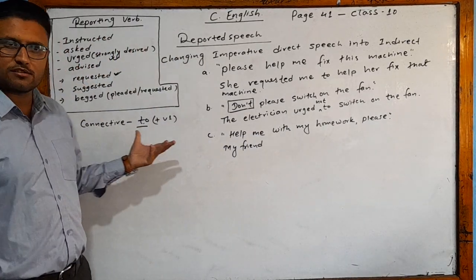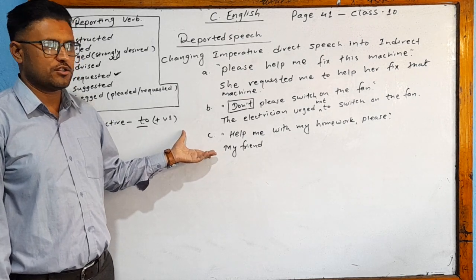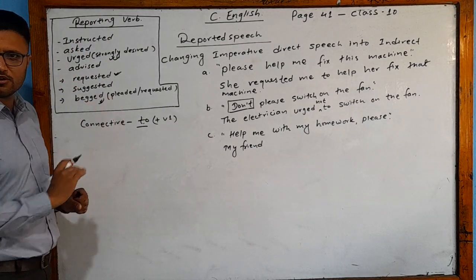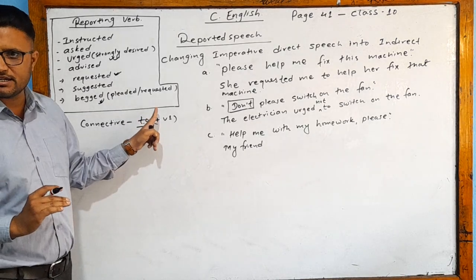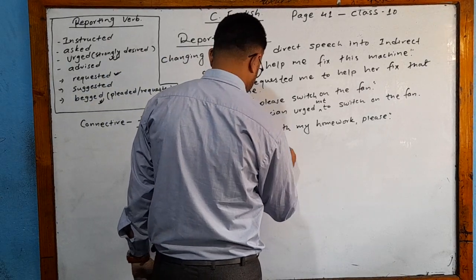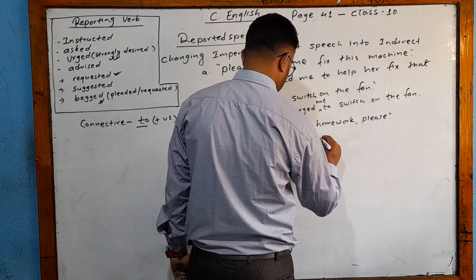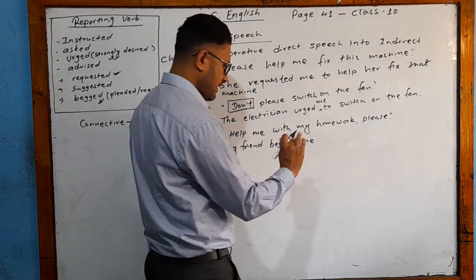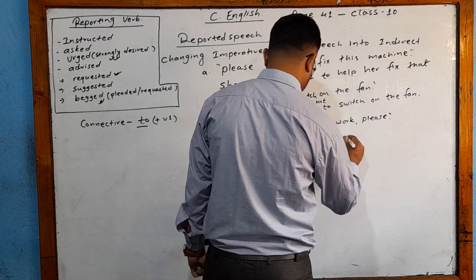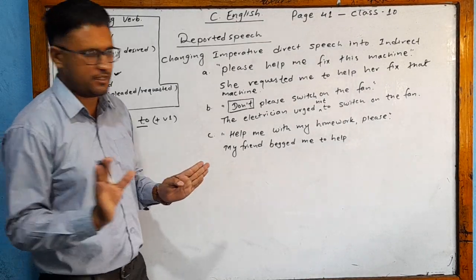Requested is possible, of course, not incorrect to use, but as I told you before, it's not always suitable, because you are already requesting, so you may use what? Begged. Beg. This is also requested, pleaded. So let's write. So my friend begged me to help him or her, because the gender is not clear here.